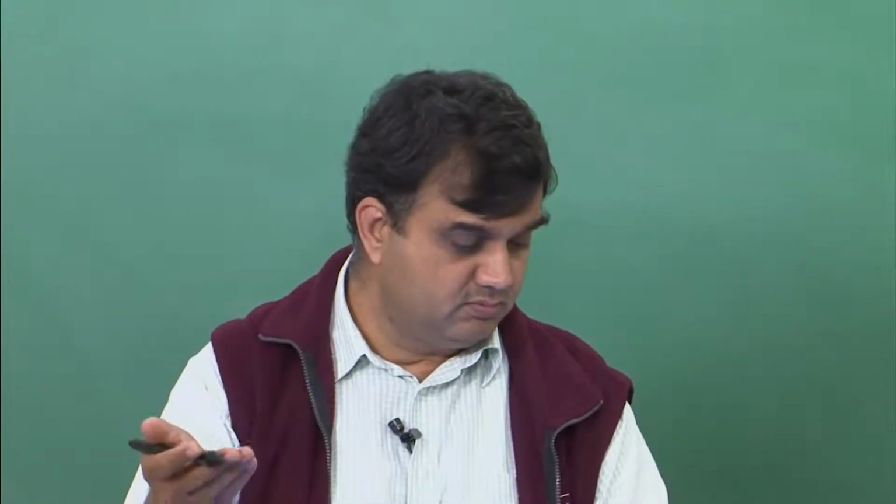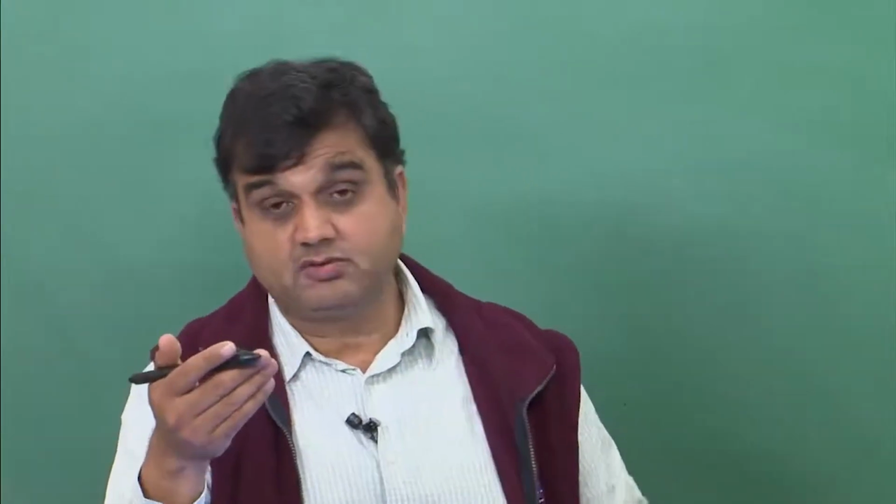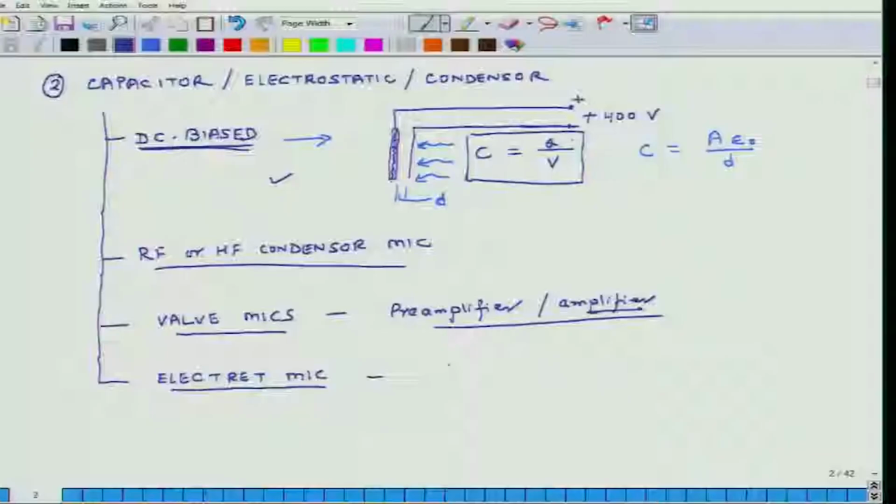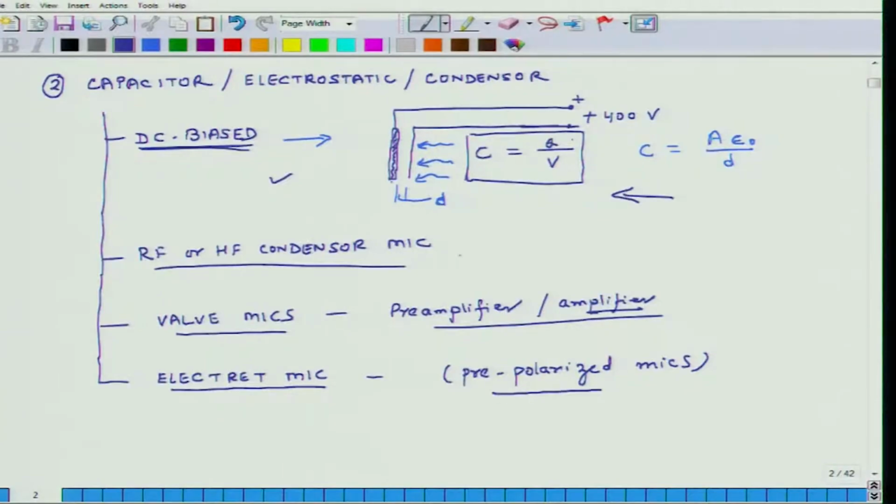A lot of times these microphones are also known as pre-polarized microphones. Here we need a polarizing voltage in the case of DC biased, but here we don't need any external polarizing voltage. So that's why they are known as pre-polarized microphones.